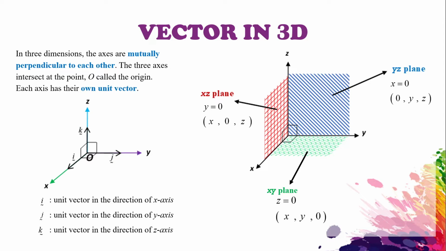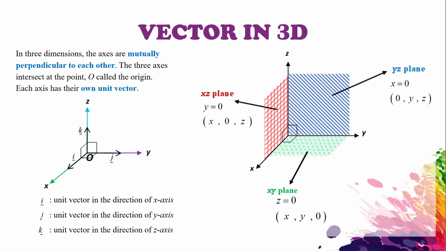Each pair of coordinate axes determines a plane called a coordinate plane. These are referred to as the xz plane, yz plane, and xy plane, as you can see from the diagram on the right hand side. So, if a point lies on the xz plane, the y coordinate of the point is 0. Then the coordinate of the point is (x, 0, z).